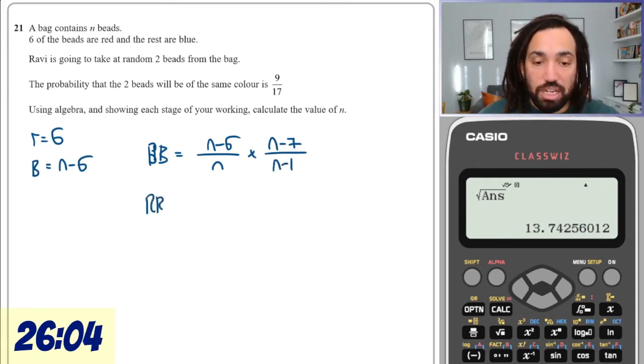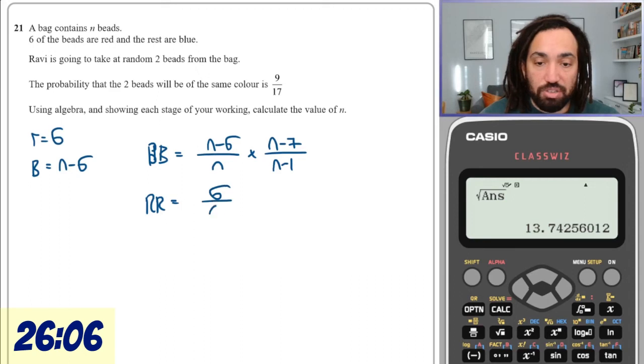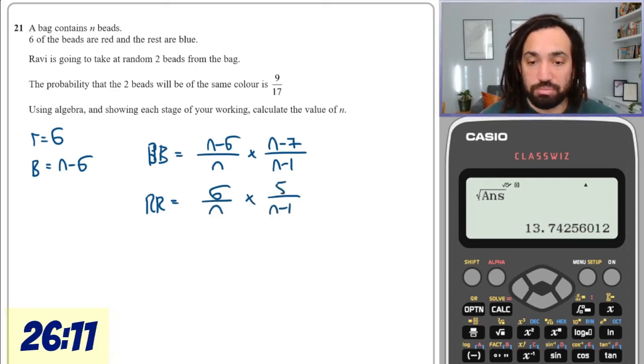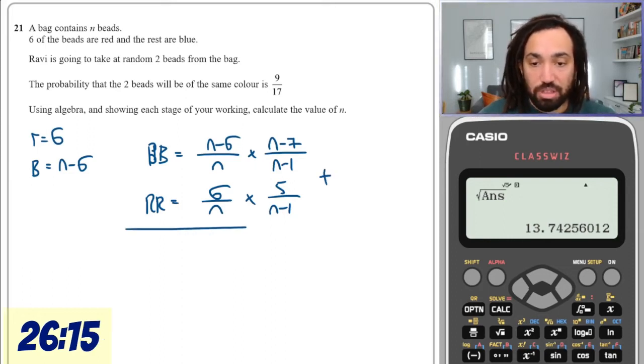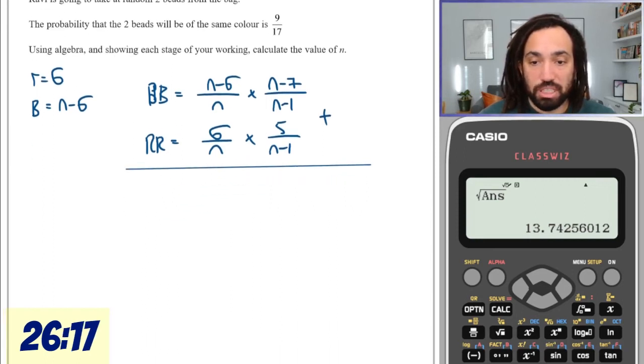And if we wanted red, then it'll be 6 over n, and then there'll be one less red available, and there'll be one less in total available. Okay, and then we'll add these together, and that should give us the total probability.